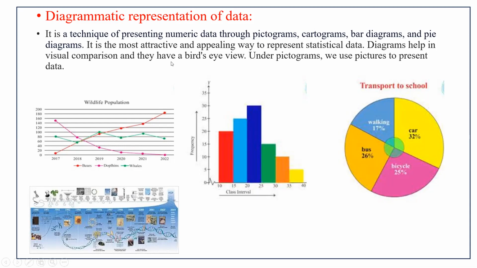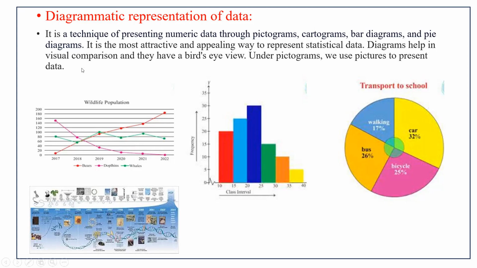It is the most attractive and appealing way, because once you look at a graph, you can use different colors to make it more attractive, and at the same time you can give a very clear picture about whatever topic or result you want to present.